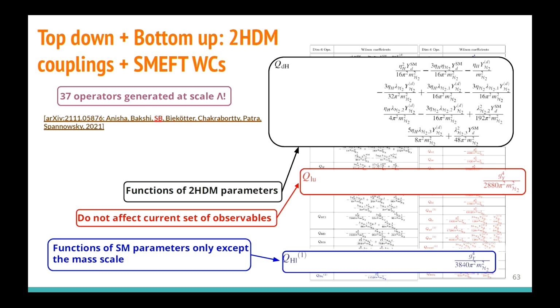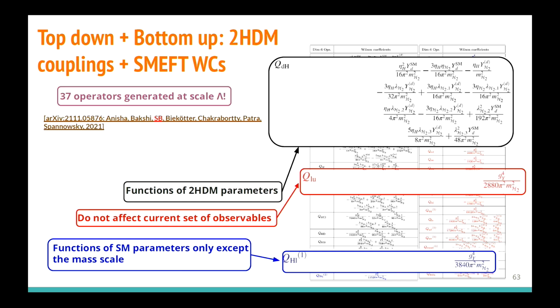The red ones are also functions of that, but they do not. So remember, I started with a set of observables which we deal with, these 23 operators. These operators in red actually do not affect this current set of observables that I am dealing with, and the blue ones are actually not functions of the 2 Higgs doublet model, barring this energy cutoff scale.